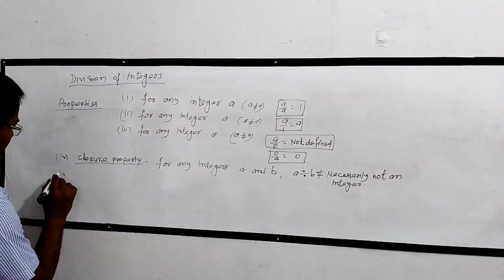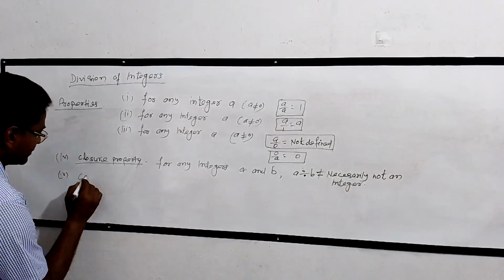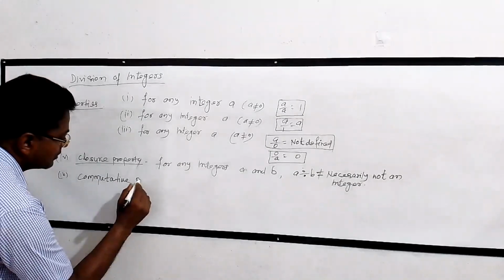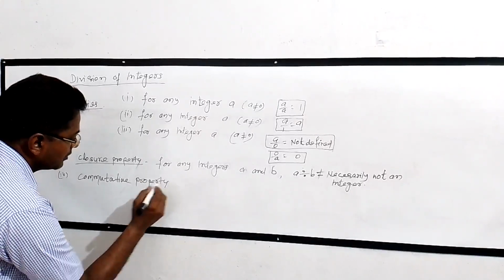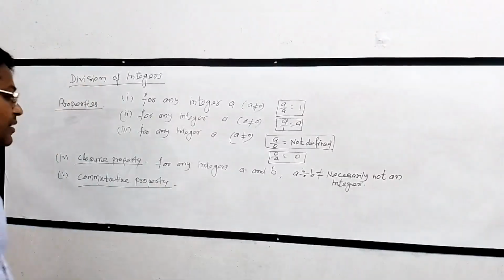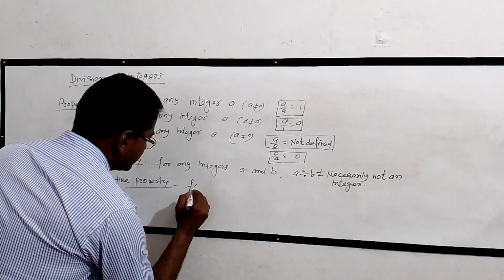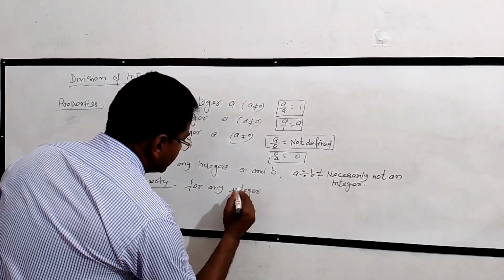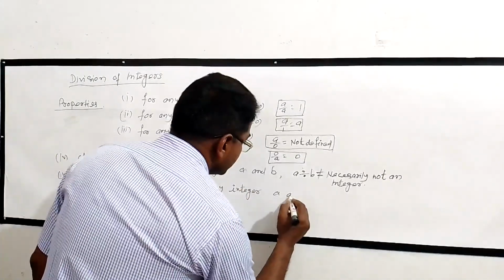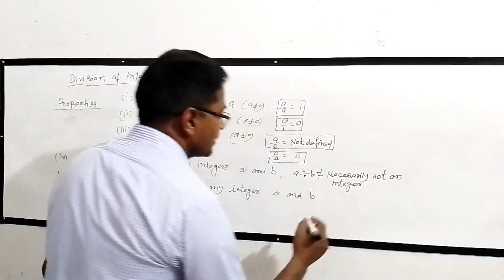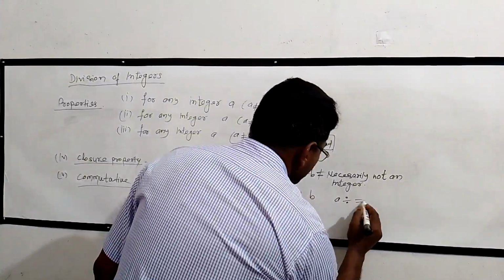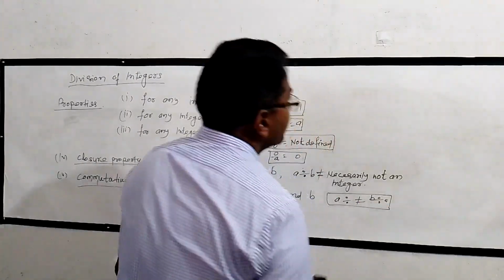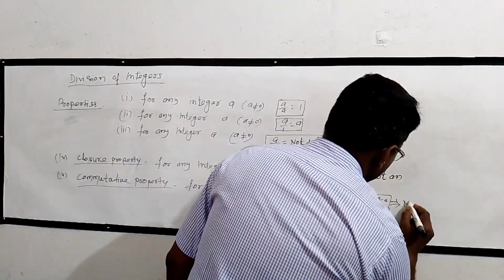Next, 5, commutative property. For any integers a and b, a by b is not equal to b by a, showing that division is not commutative.